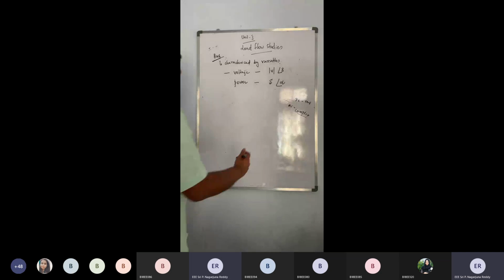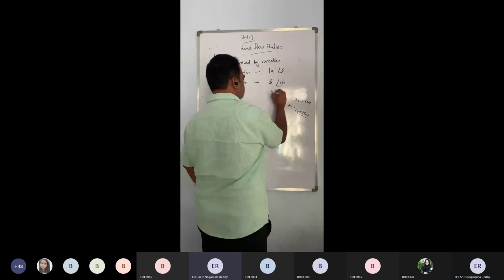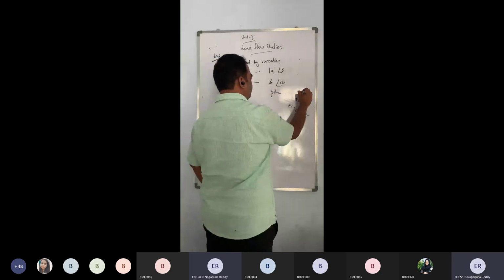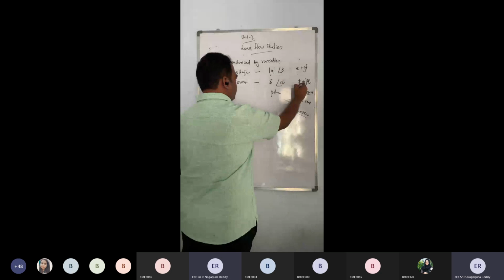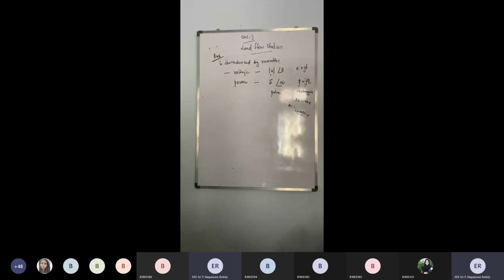This is the polar format. What is the rectangular format for a complex variable? P plus jQ, and this is E plus jF. Do you remember these terms? I think you remember a few of them. You might have heard about V, P, Q, etc., but you have not considered these terms.